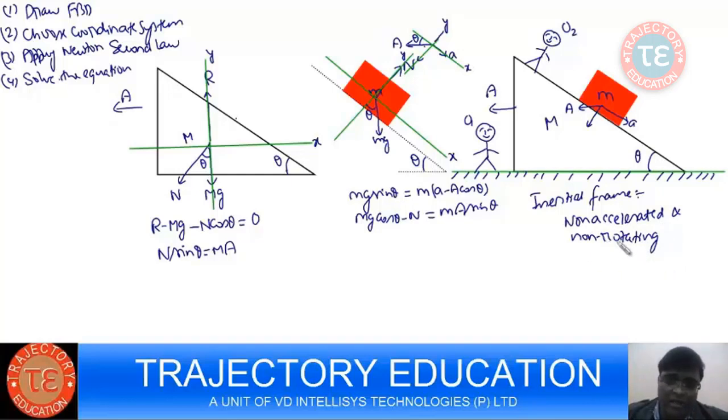Ideally, no such frame exists in nature. Ideally, we don't have any body which is non-accelerated and non-rotating. Even Earth is spinning and revolving around the Sun. Earth is rotating and revolving, so Earth is also an accelerated frame. Every celestial body is rotating and revolving around something. Ideally, such a frame does not exist.